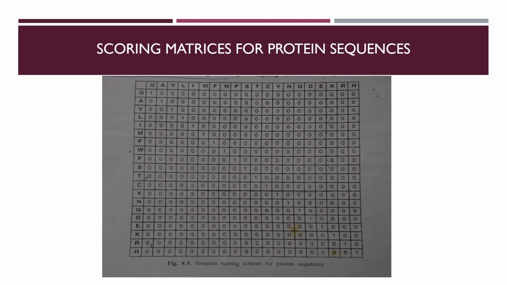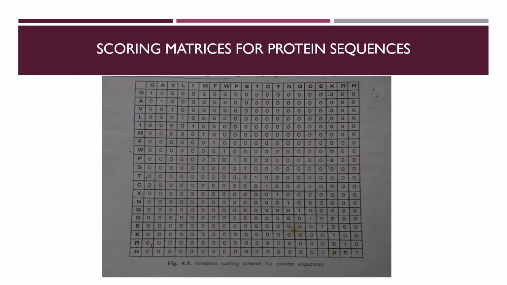What are these physicochemical characteristics of the amino acids which are considered while devising a scoring scheme? That could be aromaticity, charge, polarity, hydrophobicity, or size. These are all the different physical or chemical characteristics of the amino acids, and considering these characteristics, the scoring schemes had been devised.